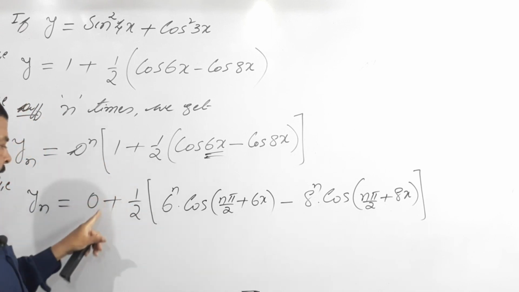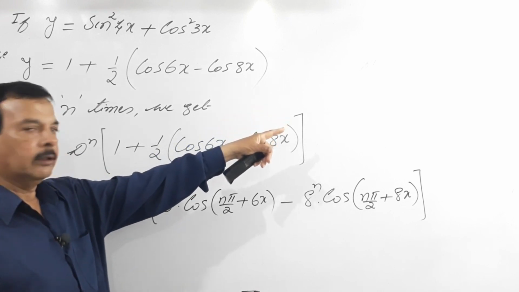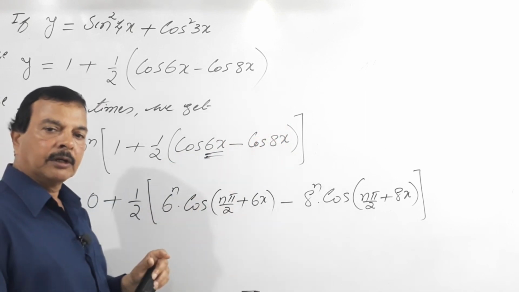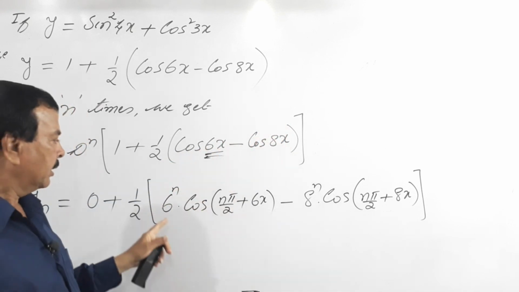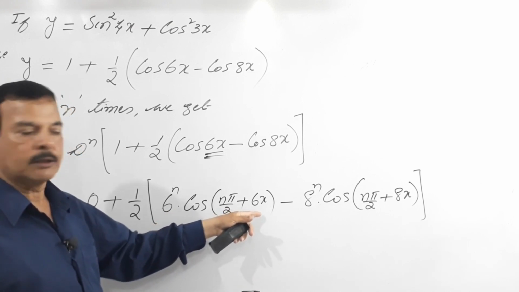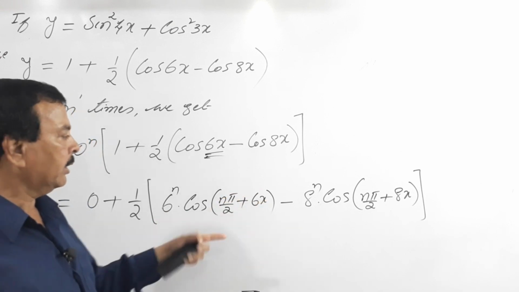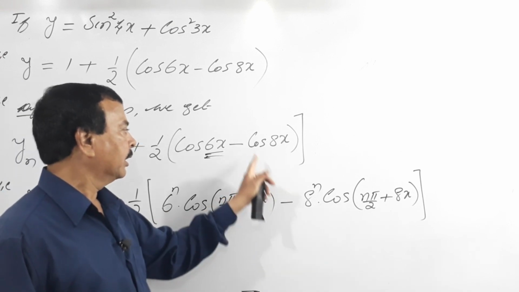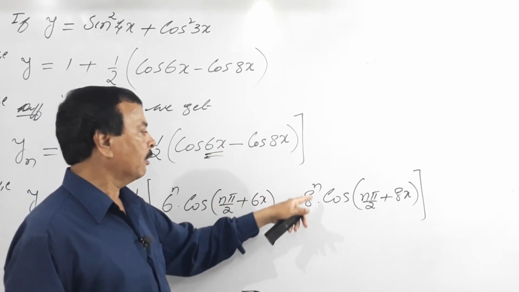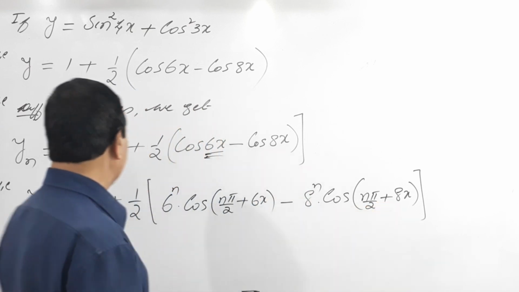Differentiation of one is 0 plus half as it is. I have given you the formula, dn of cos of ax plus b is a to the power of n into cos of n pi by 2 plus ax plus b. Here ax is nothing but 6x, no b term there, so leave it off, minus again 8 to the power of n cos of n pi by 2 plus 8x. This is the answer.